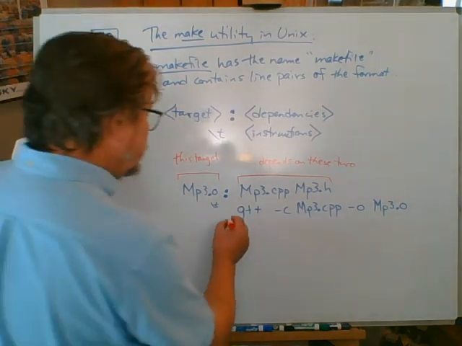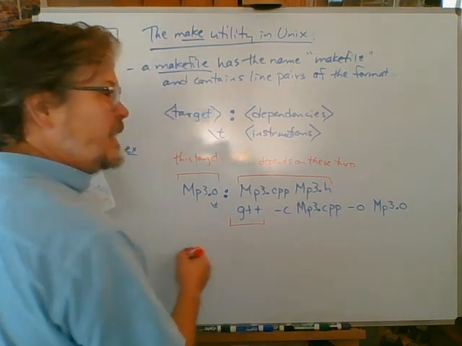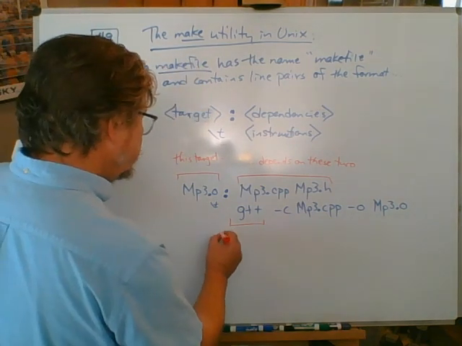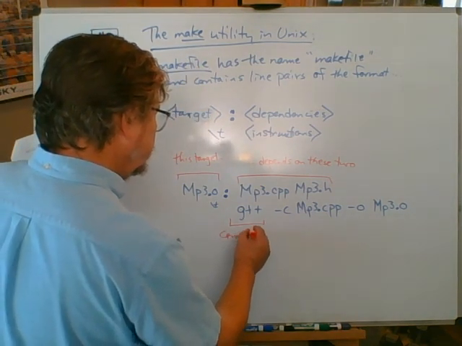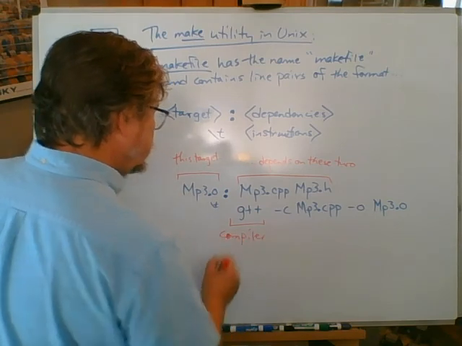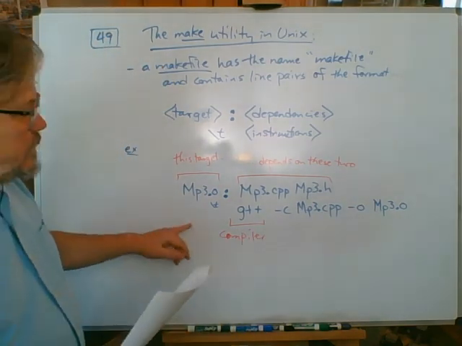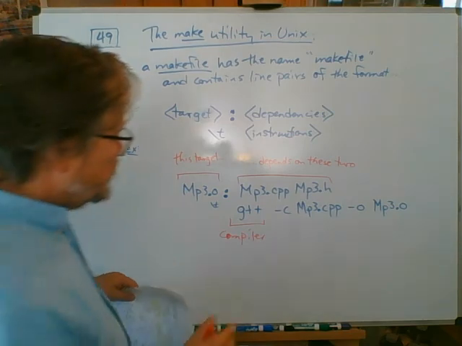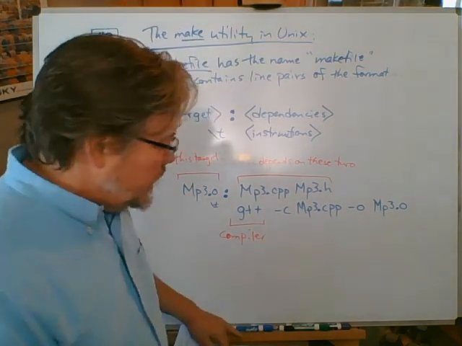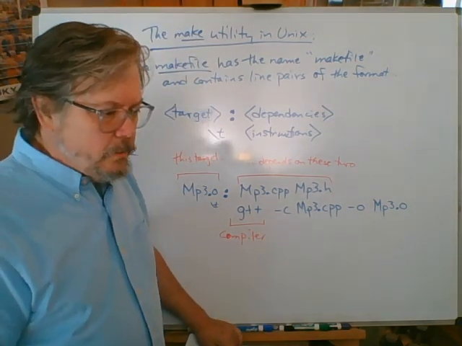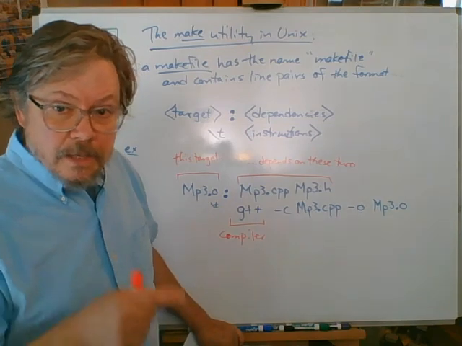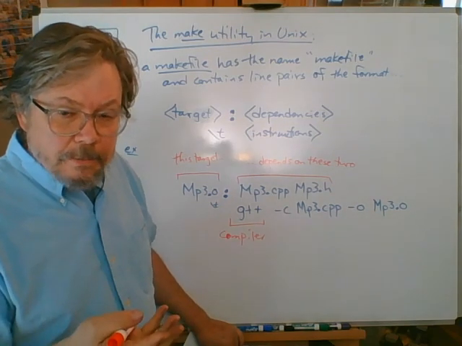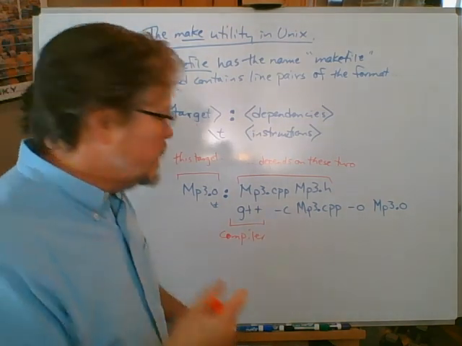Now, g++, that's the compiler that we're using in the Linux lab and elsewhere. This is the compiler. It can also jumpstart the activities of the linker and loader, but in this case we're not doing that. The -c. Here's one thing that you'll get used to if you use Unix very much at all. The minus sign followed by a letter or maybe even occasionally a number, that's what's called an option.